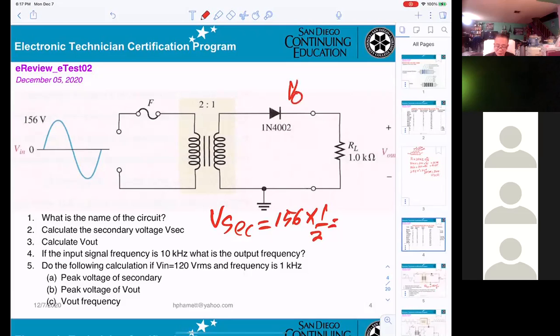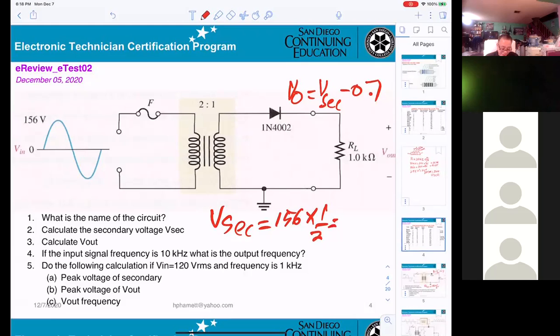So V out will be equal to V secondary minus 0.7. So it's half of 156 minus 0.7, correct? Try to learn how to do it. The thing is, the test cannot be identical. So that will make it 77.3.